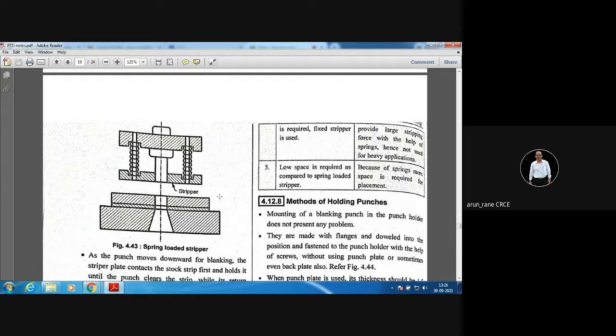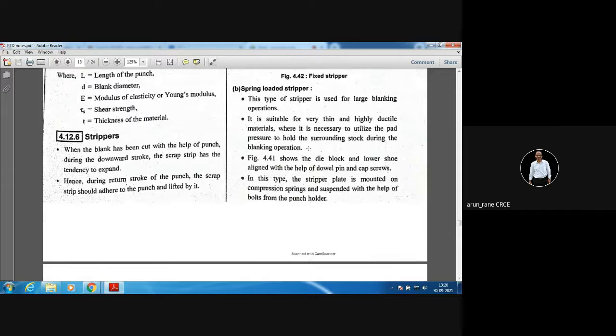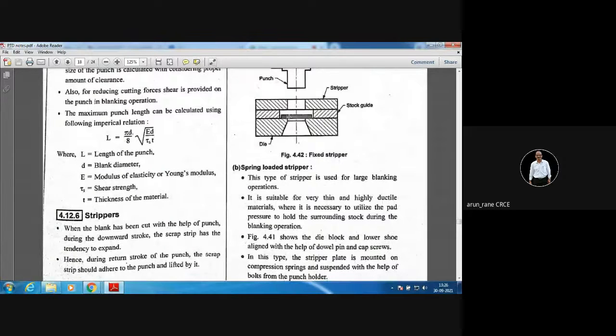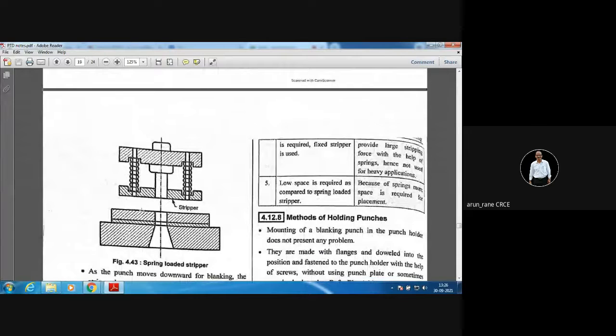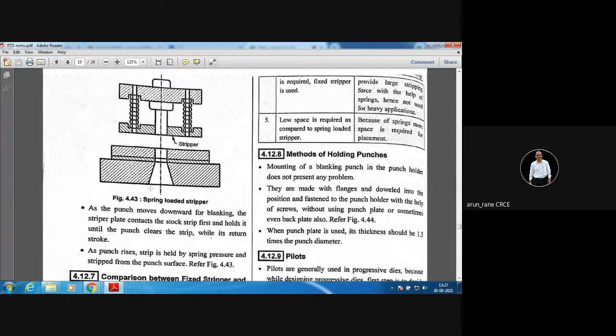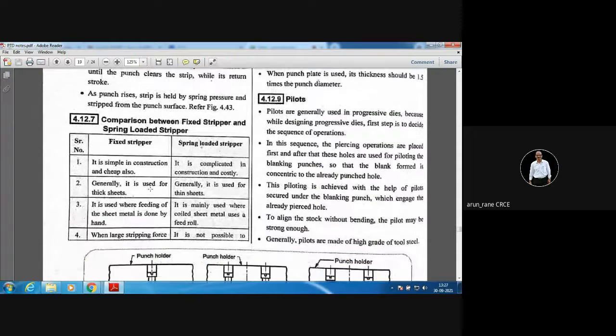At the same time, there is no question of lifting the strip. Like in the fixed stripper, we have seen that this strip will lift by 2 mm, but here there is no question of lifting the strip even by 0.1 mm. So this is the advantage of the spring-loaded stripper, and this is the difference between the fixed stripper and the spring-loaded stripper.